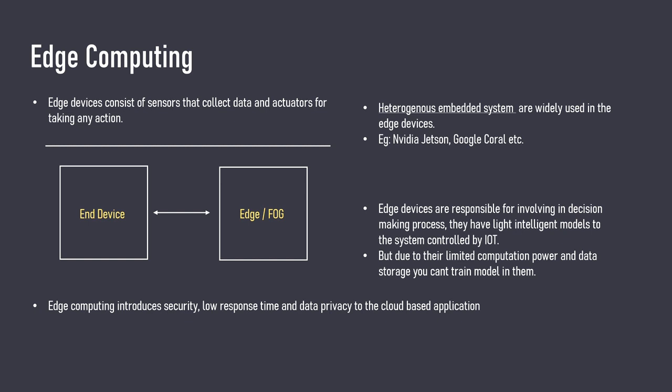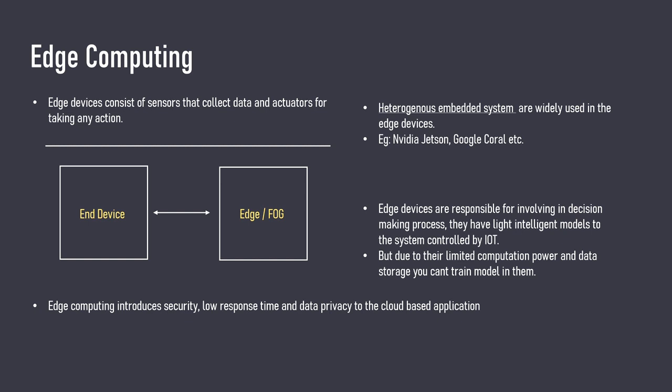We are not going to go much into this, but what we are most interested in is this connection out here, end device and your edge. What your edge device basically does is it's responsible for very small decision making. So it is a light intelligent model to basically control your IoT.